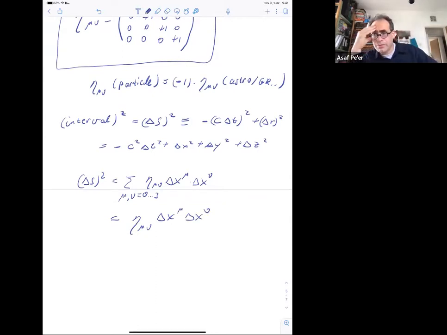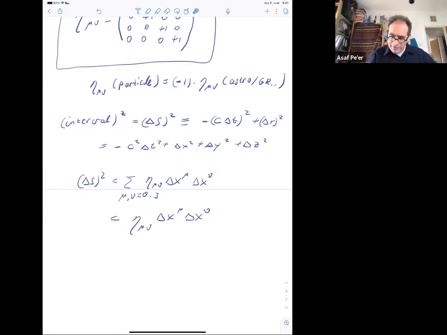There is no need to put the summation sign because it's understood that every time you see an index, mu or nu, which appears once as an upper index and once as a lower index on the same side of the equation, we're simply summing over it.